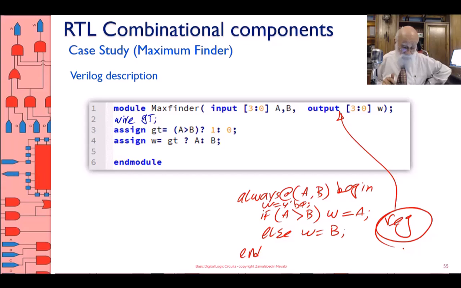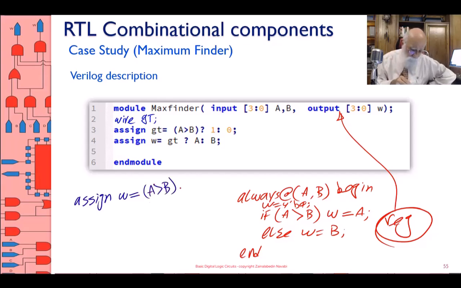Okay, how else can I write this? I can write this as simple as this. Assign W equal, if A is greater than B, then A, otherwise B. Okay. Or you want to do the hard way.